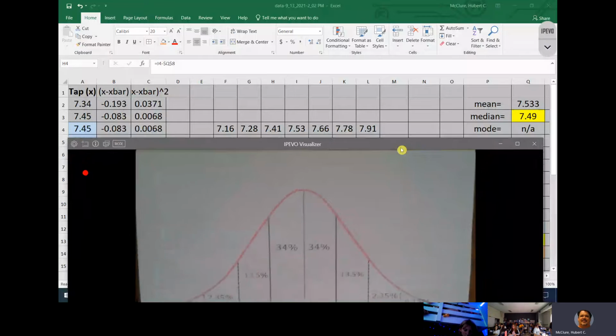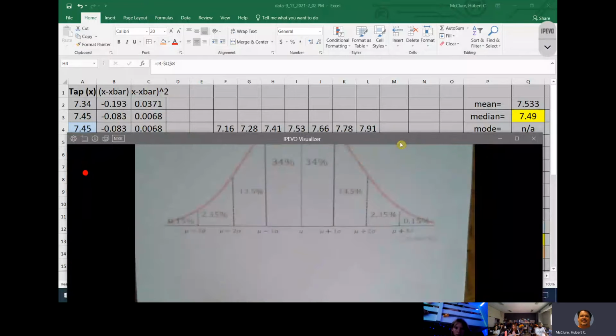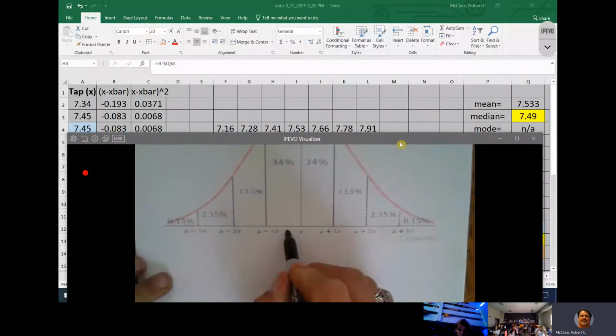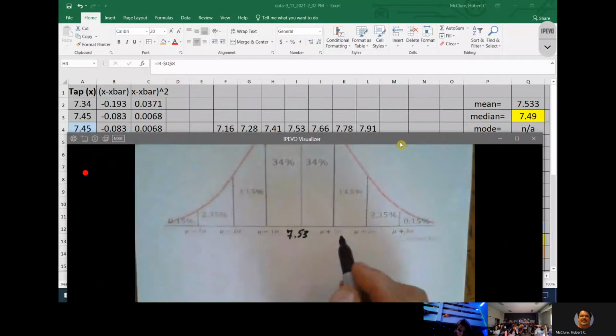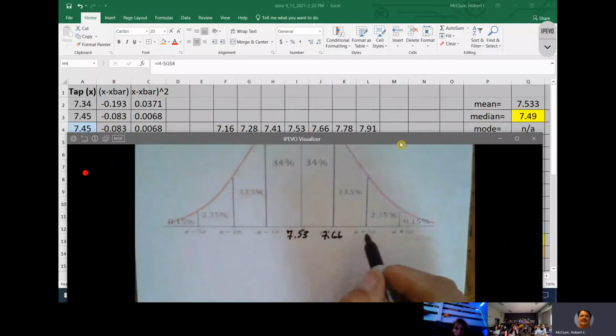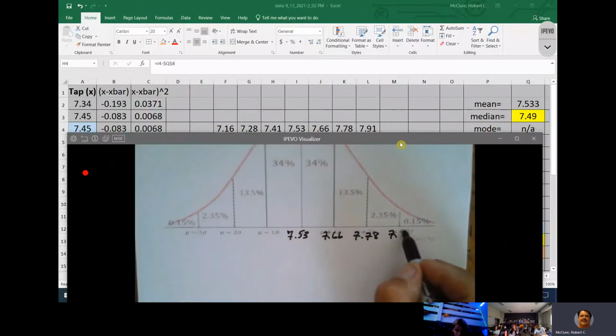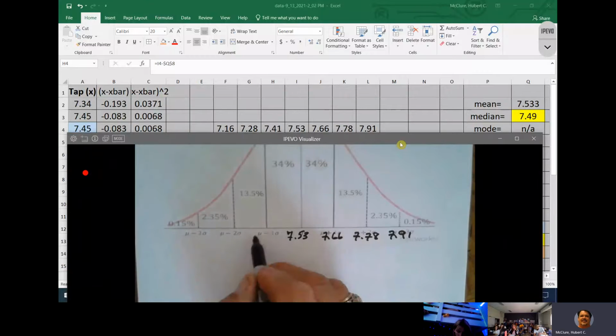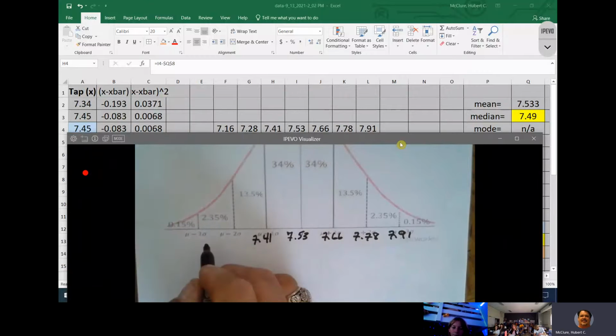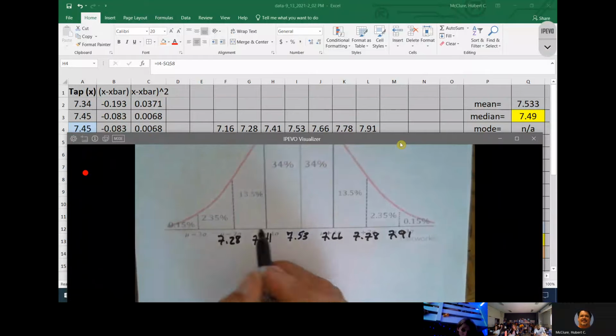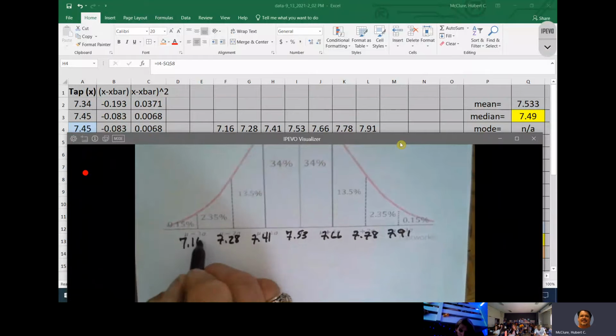And I'm going to add 7.53 in the middle. 7.53, 7.66, 7.78, and 7.91, and 7.41, and 7.28, and 7.16.